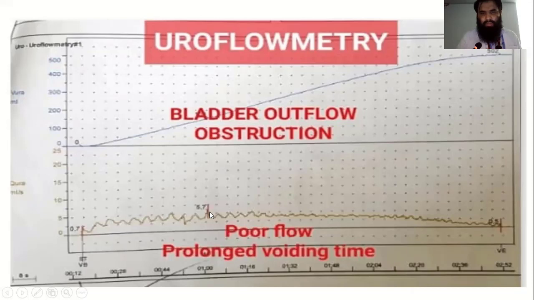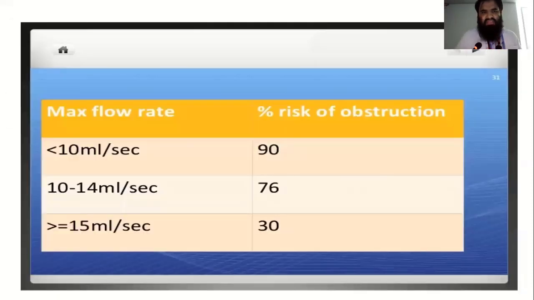So if the maximum flow rate is less than 10 ml per second, the probability of obstruction is greater than 90%. If the flow rate is 10 to 14 ml per second, the probability of obstruction is 76%. If it is greater than 15 ml per second, there is less risk of obstruction, about 30%.